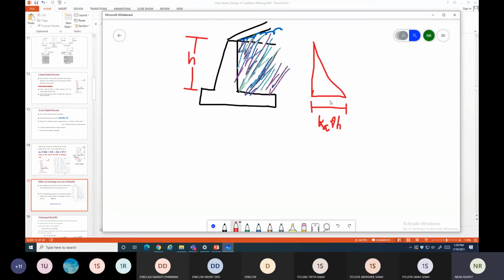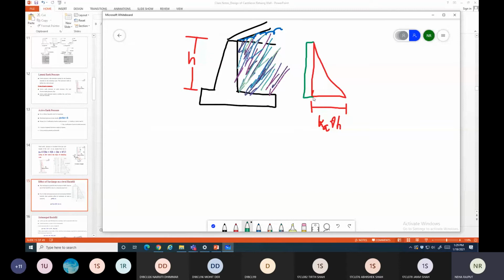K into gamma into H, and due to the additional load or the surcharge load on the backfill side, which is again throughout the length, the pressure due to surcharge will be a rectangle, or you can say the same throughout the height of the stem.